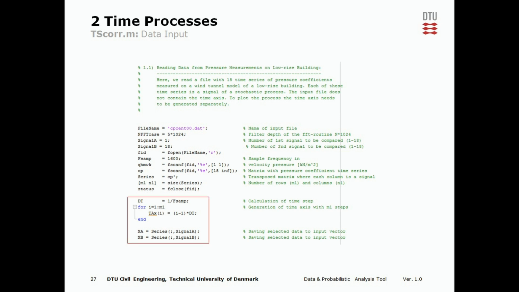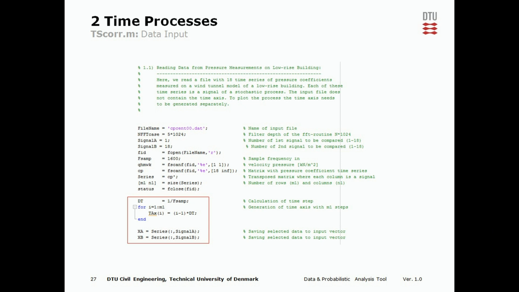The only difference here is that for presentation purposes of the graph, we have generated the values for the time axis ourselves, calculated from a given sample frequency. But this is not really necessary. We can as well just use the data points as they are.